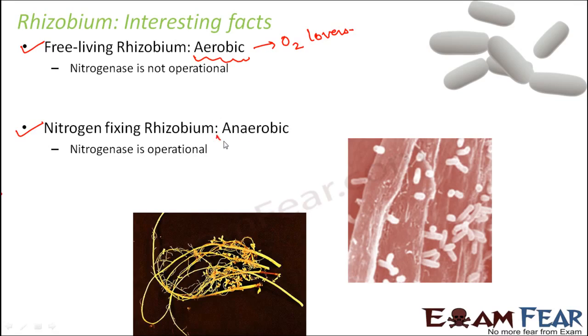Now they are anaerobic in nature, that is, they do not want oxygen. So see, that is something very interesting. The same rhizobium, when in the soil, they are free living, they are aerobic, but when the same rhizobium is in the root nodules of leguminous plant, they are nitrogen fixing, they are symbiotic, and they are anaerobic. So in that case, the nitrogenase enzyme is also operational.